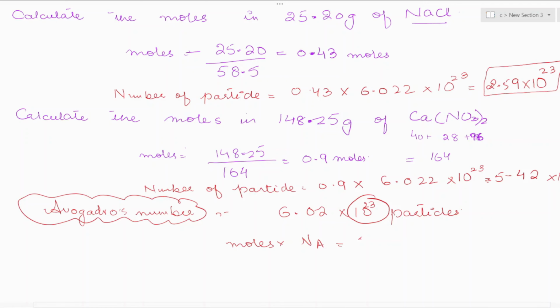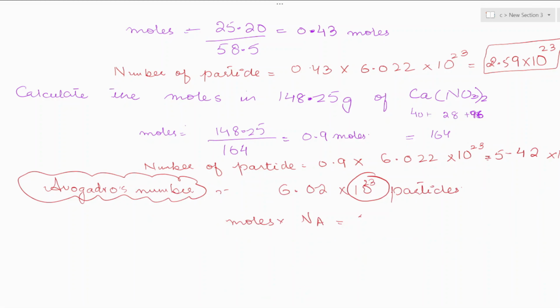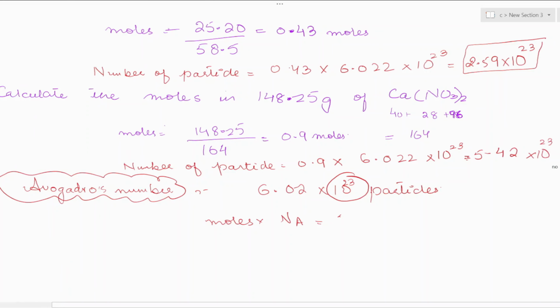Good. Okay. Then I have one question for you. Though it's a tricky question, let's see whether you'll be able to solve it or not. The question is there is a stock room that has glucose and fructose.